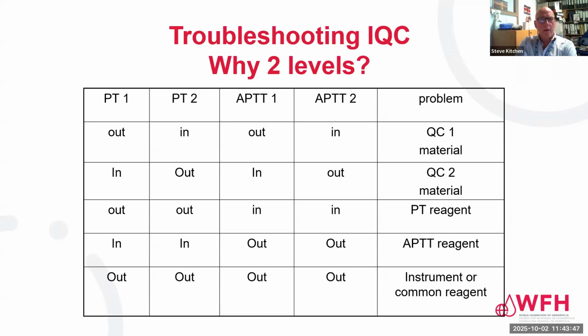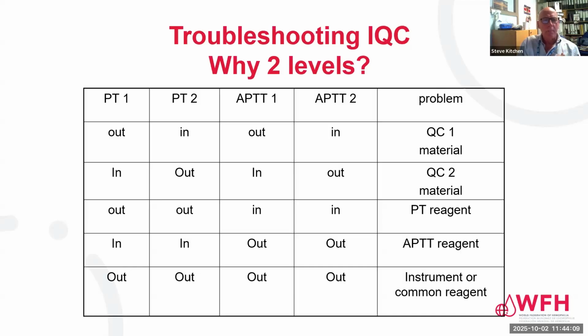And it's one of the reasons, I think, why it's convenient and recommended to have two levels of QC, particularly for screening tests where I think it's relatively easy to do so. And this slide shows an example, two levels of PT control, two levels of APTT. And you can see the various patterns.